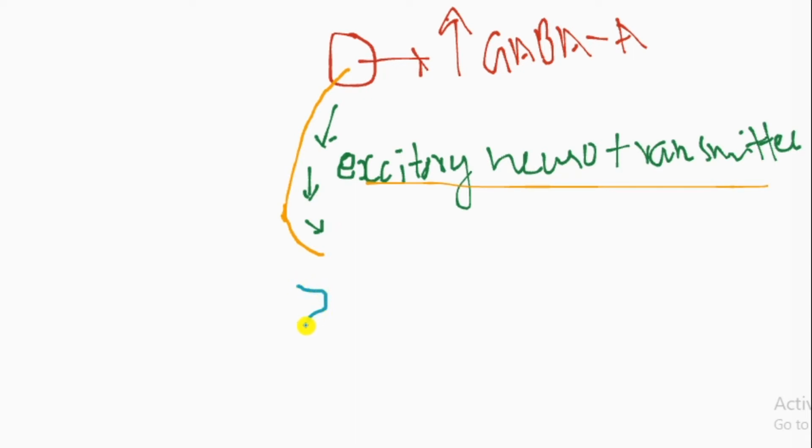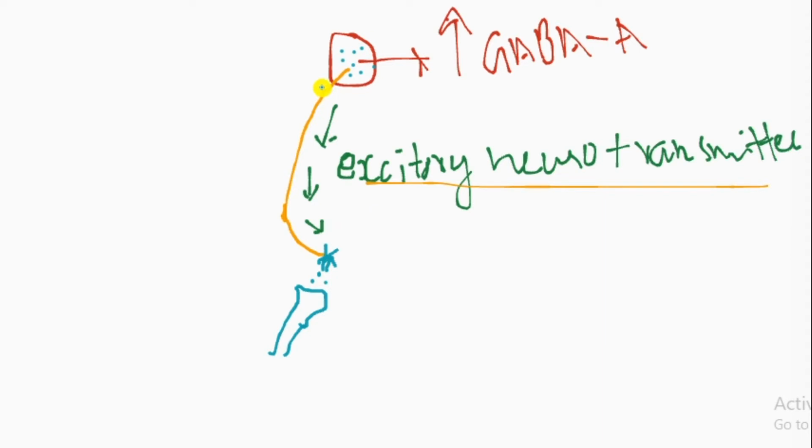We have a neuron here which can release GABA. So here the impulse is blocked. This is the amygdala, and it controls basic emotion, anxiety and fear.